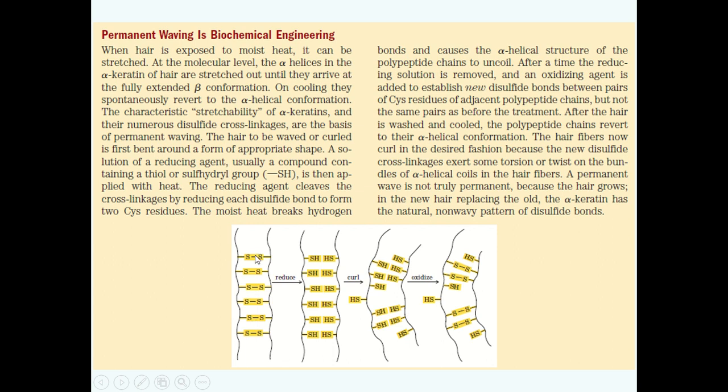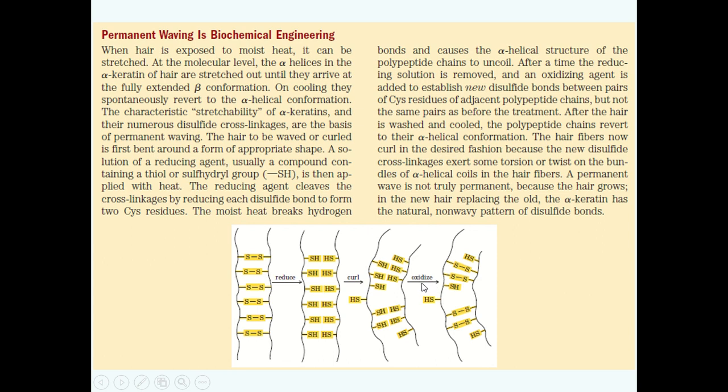So a reducing agent is added. The reducing agent is going to reduce these disulfide bonds and produce sulfhydryl groups. After reduction, the hair is curled, which alters the shape of the individual protein fibers, and then an oxidizing agent is added.